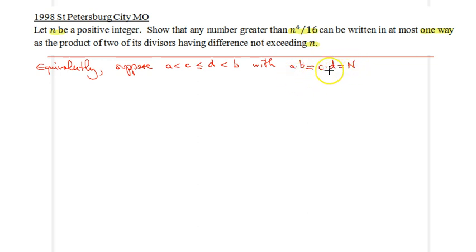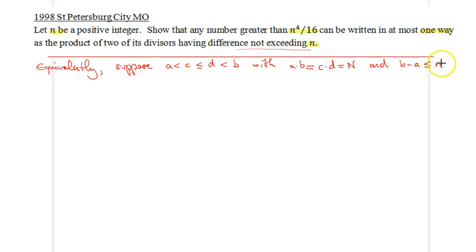Obviously a, b, c, d are divisors of n, and it is possible to write n in two different ways, and the fact that b minus a is less than or equal to n as well, so still not exceeding n, the difference of two of its divisors.